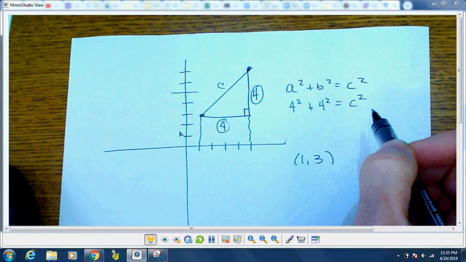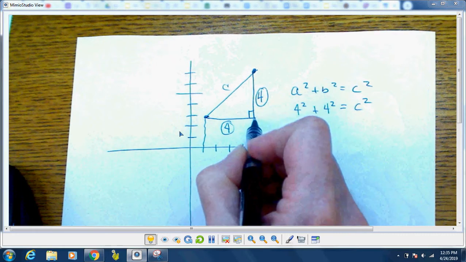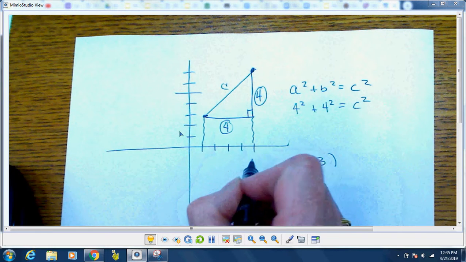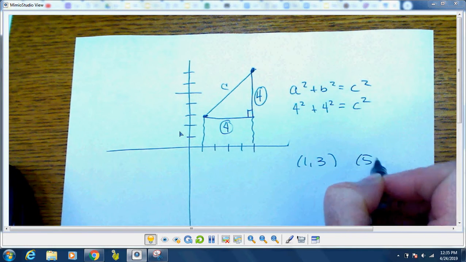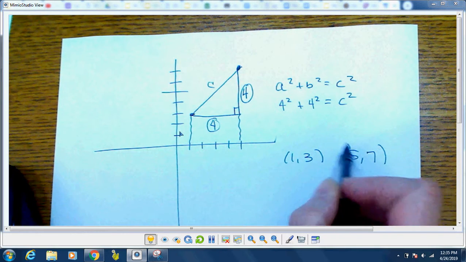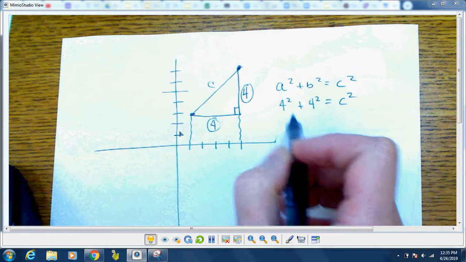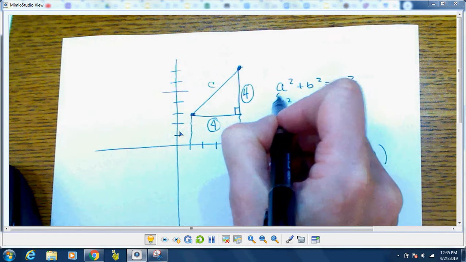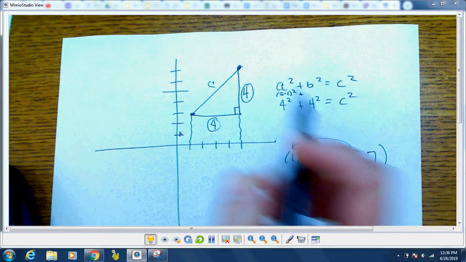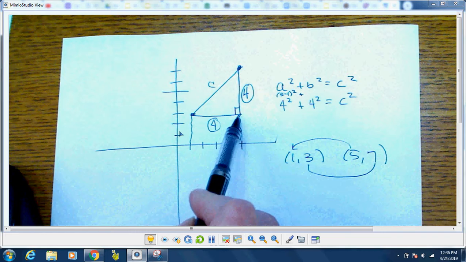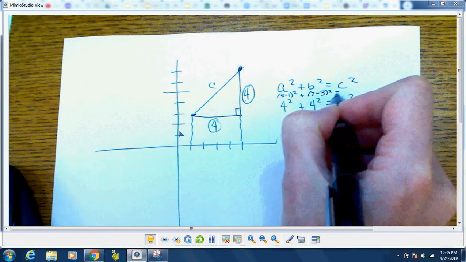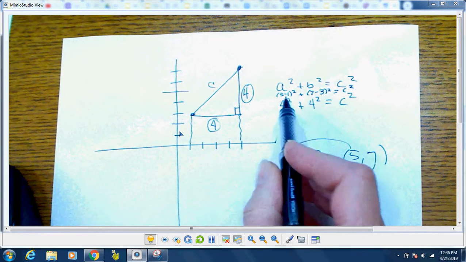And one way you could think about getting these numbers is the way we figured out this distance: we did this x value, 5 minus 1, and that's 4 squared. And we did the y values, 7 minus 3, and also got 4. Equals c squared. That's where those 4's came from.